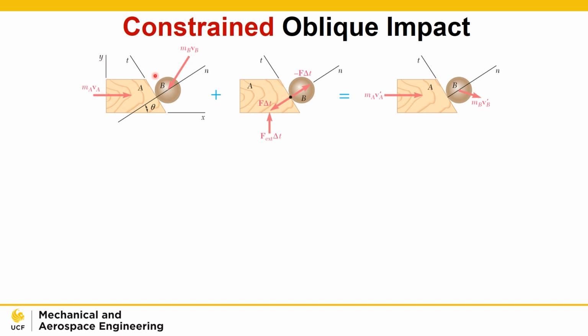Let vA and vB be the initial velocities of the block A and ball B, and vA' and vB' be the final velocities of the block A and ball B after the impact.